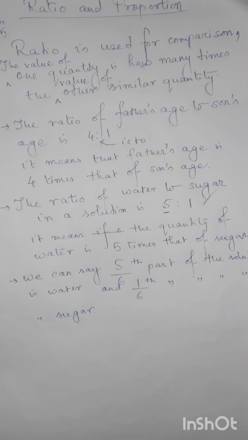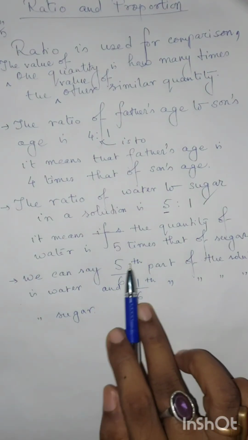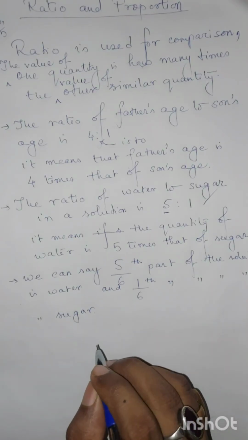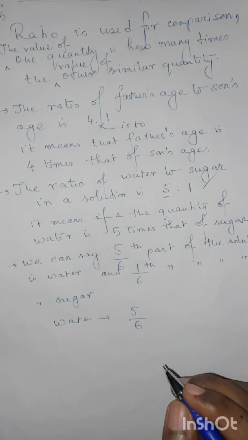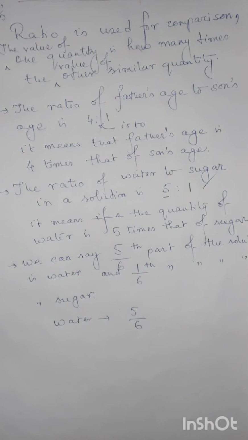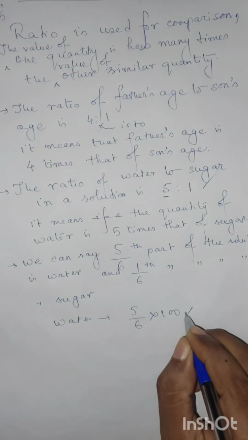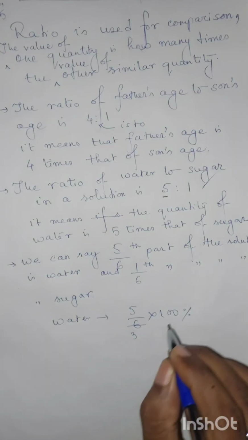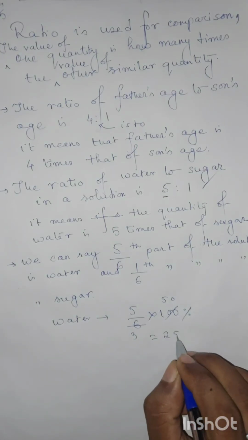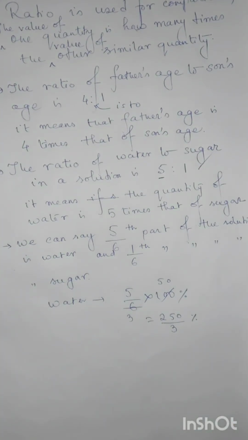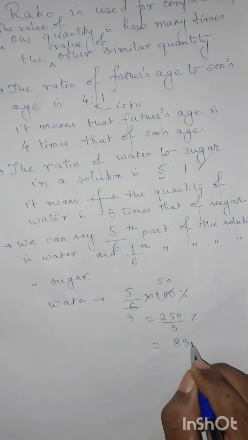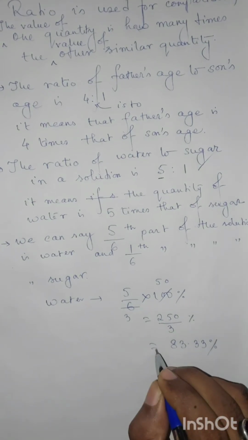Again, we can also convert it into percentage if we like. So water is 5/6. If we convert it into percentage, then we can simply multiply it by 100%. Now it gives us 250 by 3%, which is equal to 83.33% approximately.